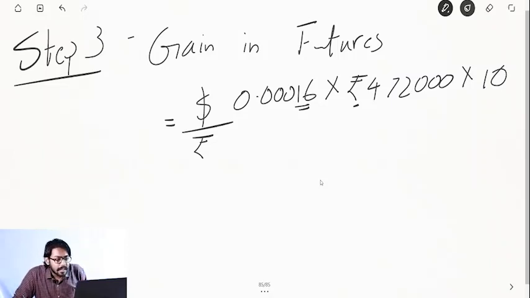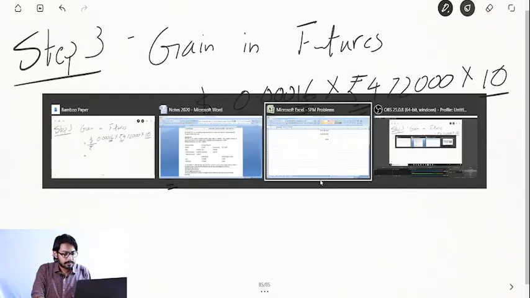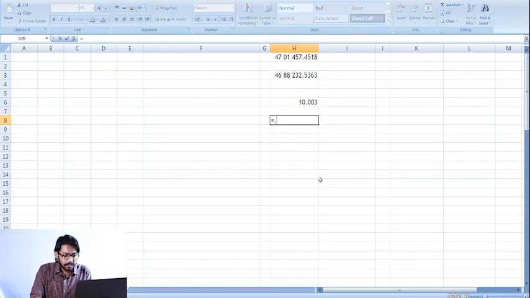Your gain is $0.00016 per rupee. Each contract has 4,72,000 rupees, so for each rupee you are gaining $0.00016, and you have 10 such contracts. What is your final gain? Let's check it out. 0.00016 into 4,72,000 into 10.